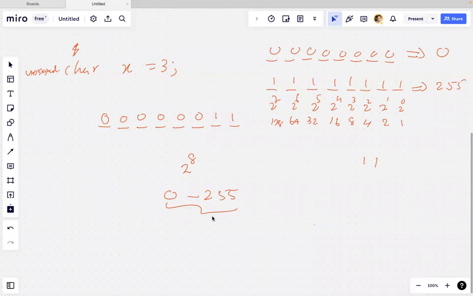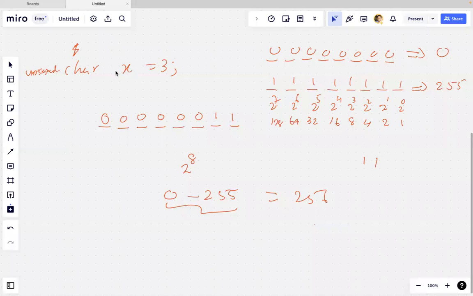Yes, there are 256 different values available, because 0 also you can consider as a value. 0 to 255 is 256 values. For 8 bits, for a particular character value, you can save 256 different values if you are using unsigned char.